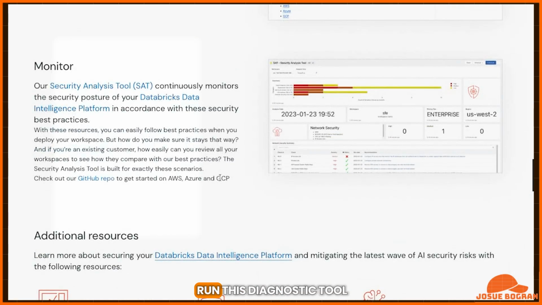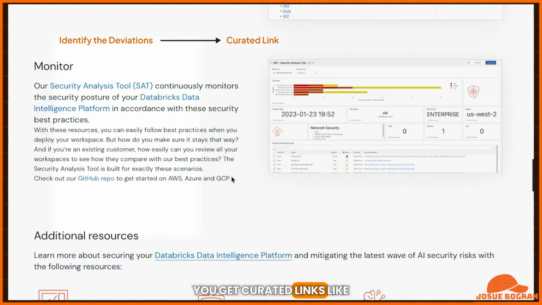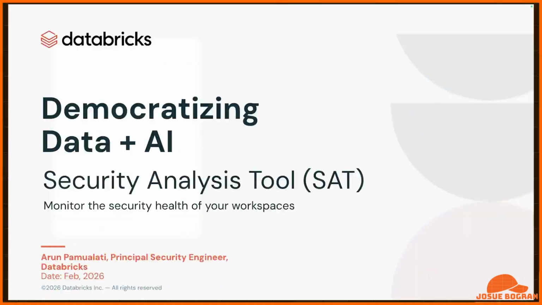So you can run this diagnostic tool and get a picture, which I'm going to show as a demo in a bit, so that you have a clear understanding of where there are deviations, if there are any. And then, just like our security best practices white paper, you get curated links. When there is a deviation, you can say, okay, this is where I need to go, and these are the configurations that I need to update, so that I am hardening again and not deviating from those security best practices.